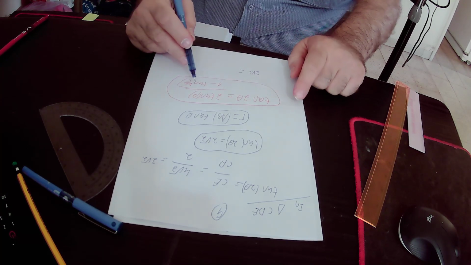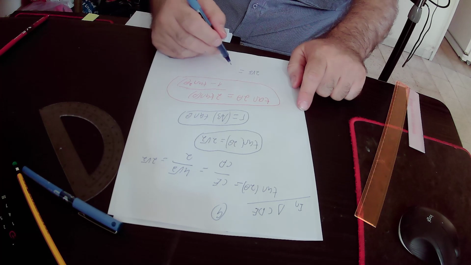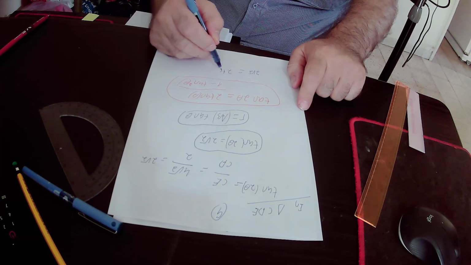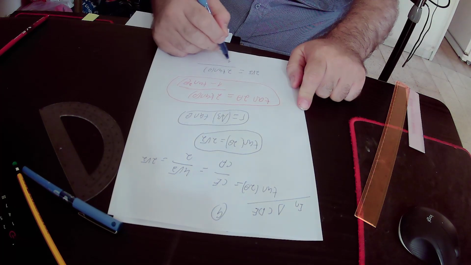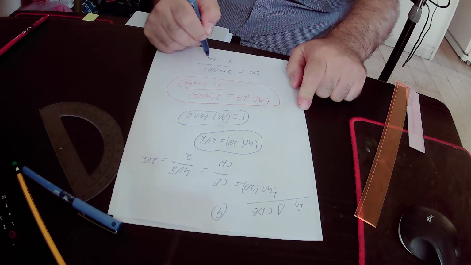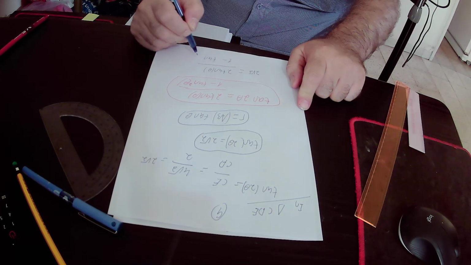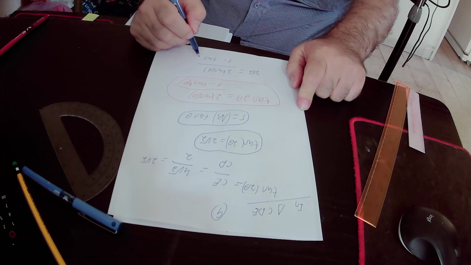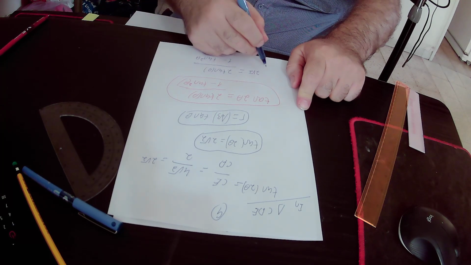And here we have 2 tangent theta over 1 minus tangent theta square.